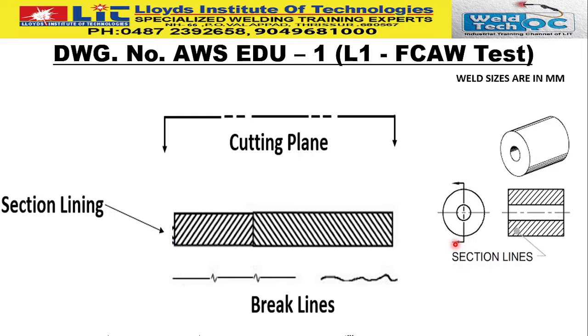These types of lines indicate when a section is imaginarily cut in half to provide better information and details. When you see cutting plane lines like this, it means you will be able to see the inside portion of this object.